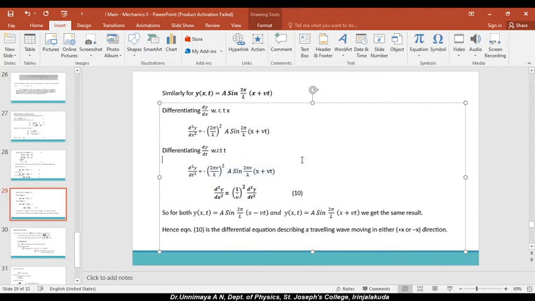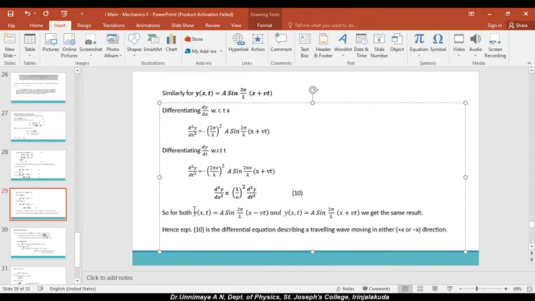Similarly, differentiating dou square y by dou t square is equal to minus 2 pi v by lambda whole square a sin 2 pi by lambda x plus vt. So we take dou square y by dou x square divided by dou square y by dou t square equal to 1 by v square. All other terms will get cancelled. So dou square y by dou x square is equal to 1 by v square dou square y by dou t square.